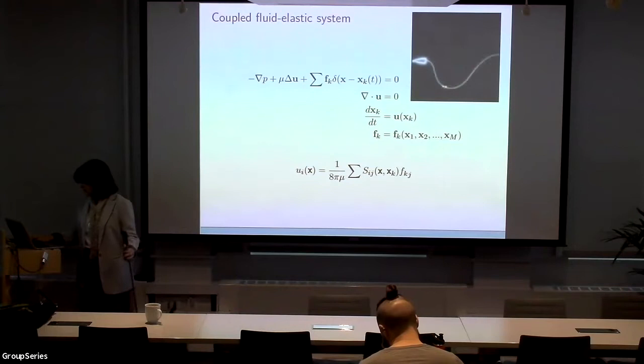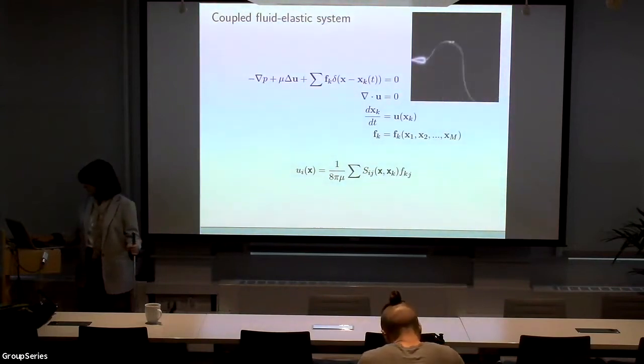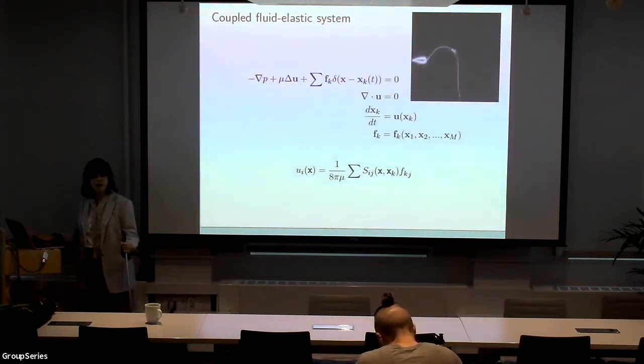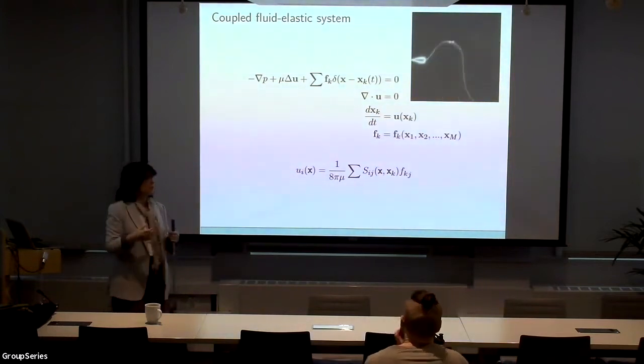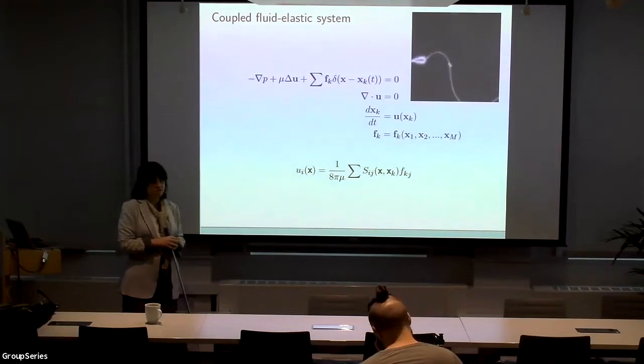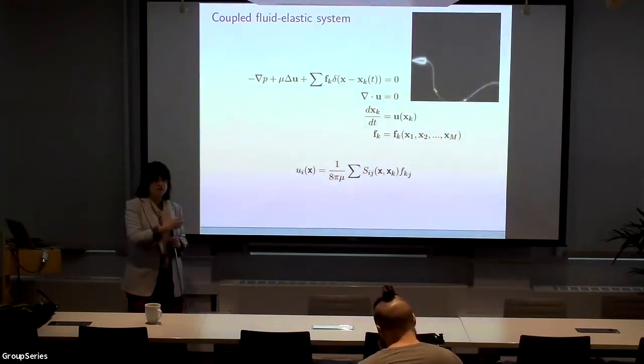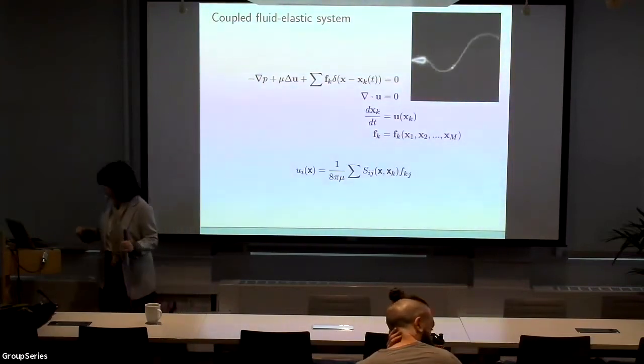And I told you I'm not talking about any numerical methods today, but for some of the systems that I'll show you, I've used regularized Stokeslet methodology, where instead of considering a Dirac delta function forcing term, one looks at a smoothed Dirac delta function, where if you choose it judiciously, you can write down an analytic regularized Stokeslet formulation.